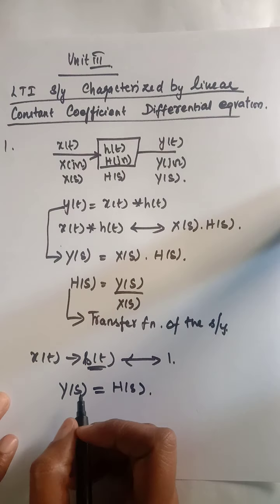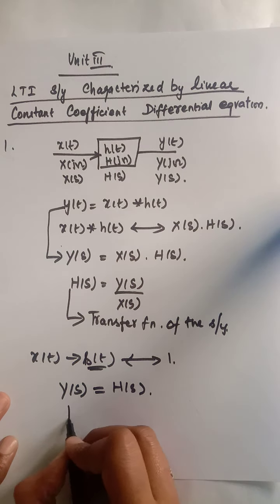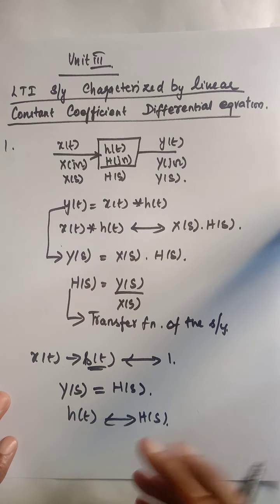So the impulse response h of t and the transfer function H of s constitute a transform pair.